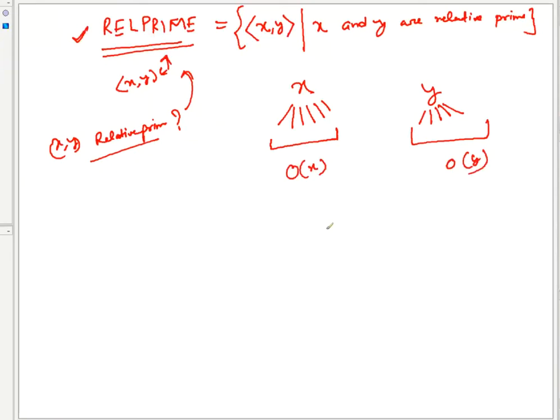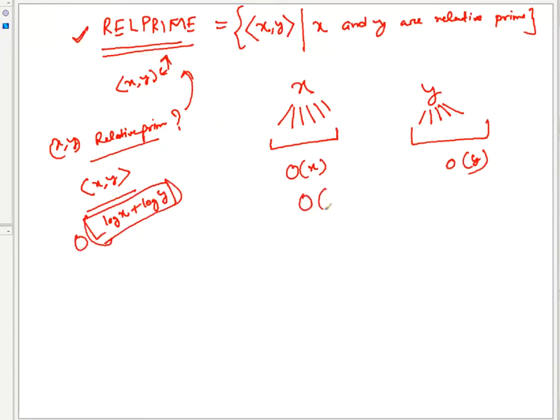But what is the input size when you are writing X and Y? The input size here, if you write it on the Turing machine, will actually be log of X plus log of Y, maybe a comma, so order of this. And what is the running time?